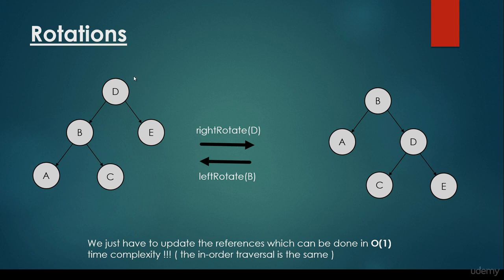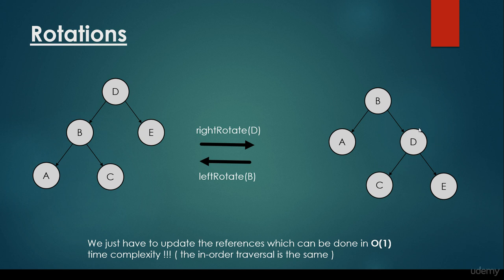Basically it is the same. For right rotation, we started with this subtree and ended up with this subtree. For left rotation, as you can see, we started with the right subtree and we ended up with the left subtree. So when we start at the right subtree and we make a left rotation, of course we have to rotate it to the left.